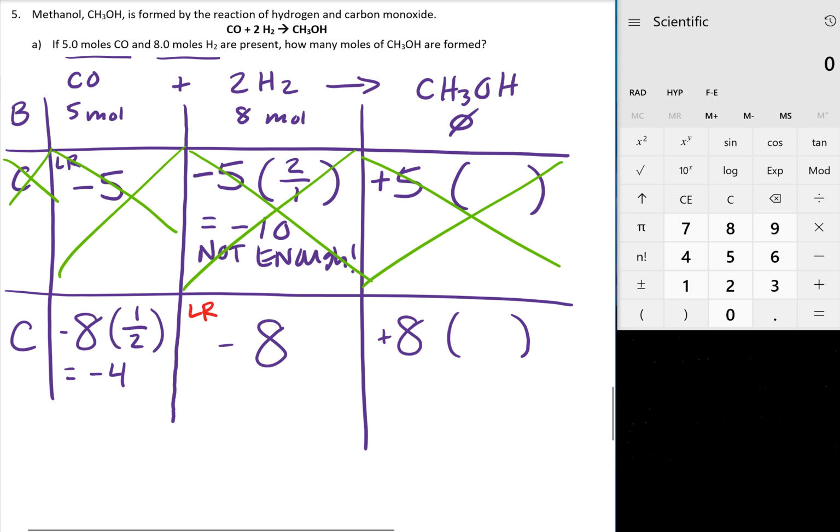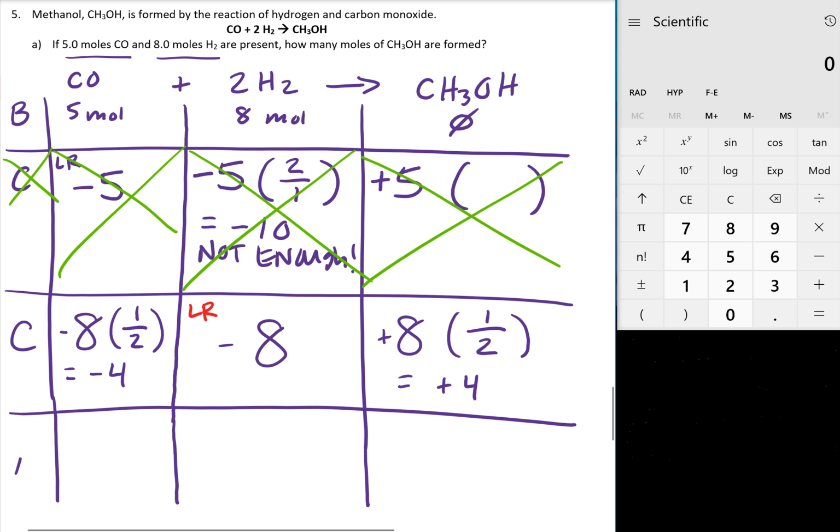Yes, you have enough carbon monoxide. You have 5. You only need 4. So this is correct so far. We're going to do the same thing for the methanol. Its coefficient is 1, and the limiting reactant's coefficient is 2. And that is also going to give me 4. So we do have the correct change row now.